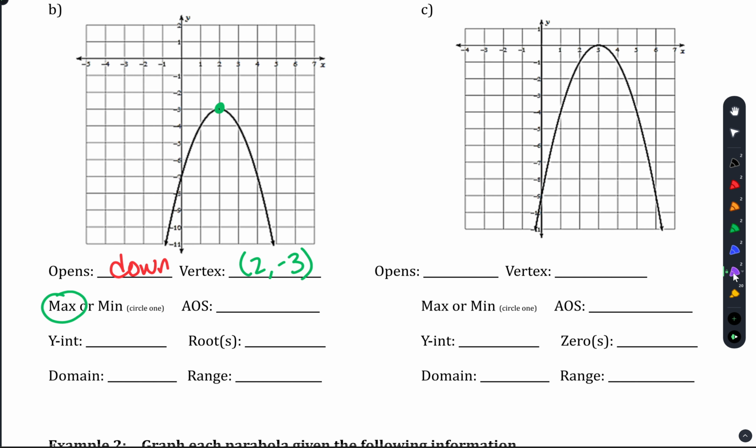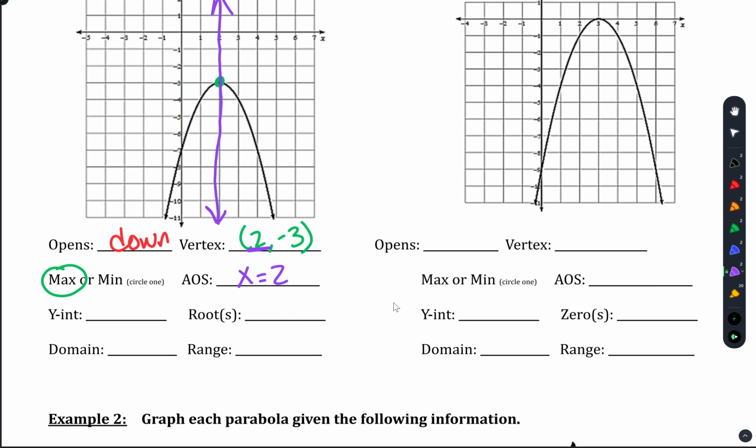And then the axis of symmetry, let's draw it in first. And then what's the equation for that? Beautiful. That number is coming from the x value of my vertex. Okay, y-intercept. I need a coordinate. Jaden?